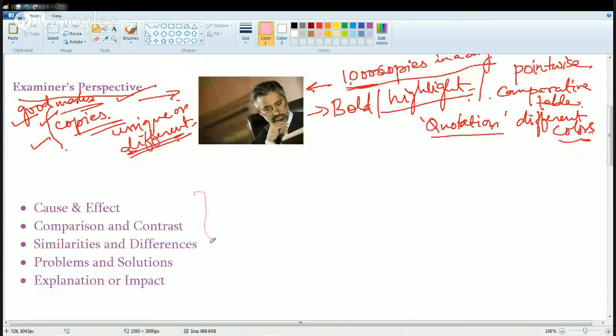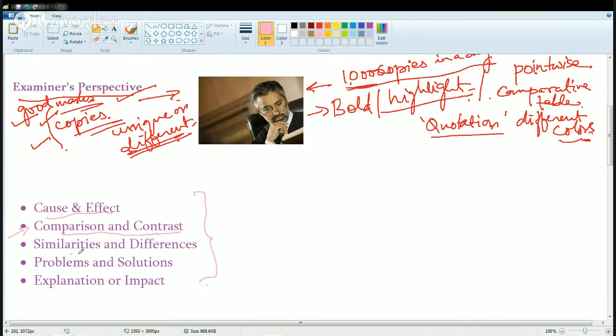Now, different essays have different concepts. Like if I am talking about an essay about writing down the constitution legacies in India and states, that would be a kind of comparative essay, a comparison and contrast essay. Then there can be cause and effect essays.